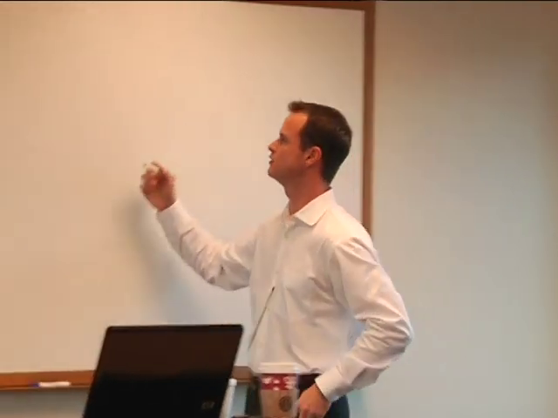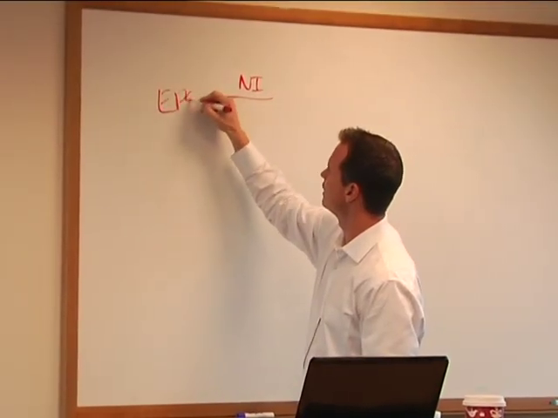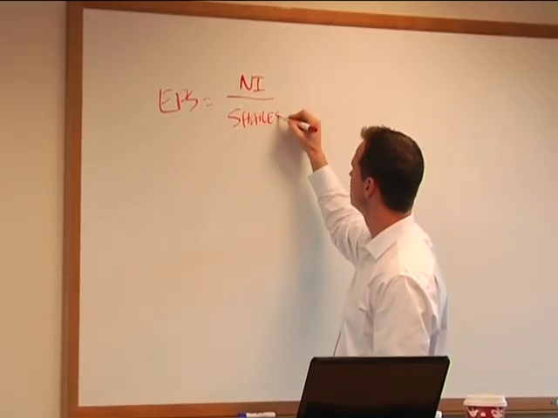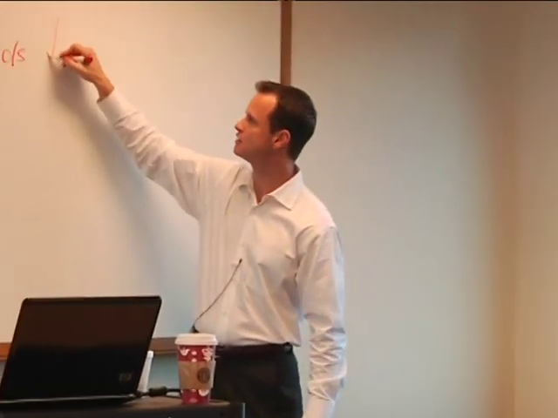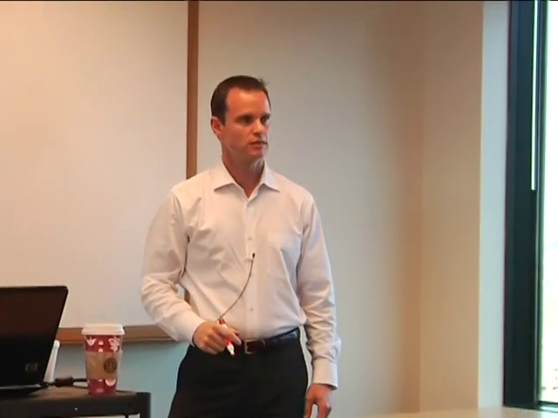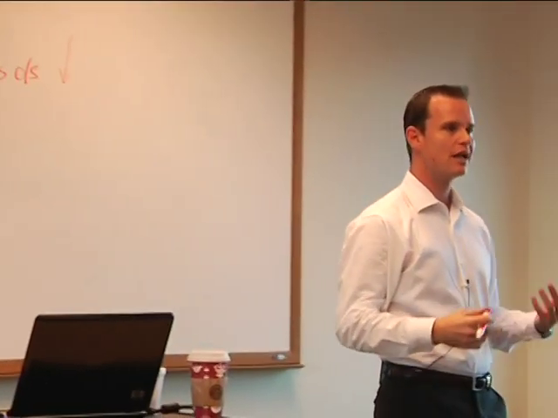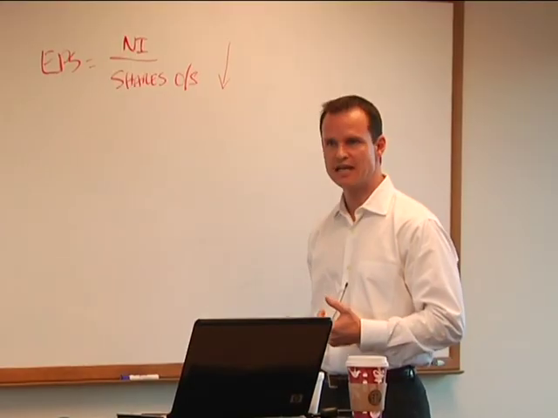Typically when we're talking about dilution, we're talking about the formula for earnings per share, which is calculated as net income divided by shares outstanding. When we say dilution, we're talking about anything that would cause this ratio to fall. In the case of calculating our shares outstanding, anything that would cause that share count to rise, keeping net income constant, would result in a situation where there's less net income available for each individual share outstanding.